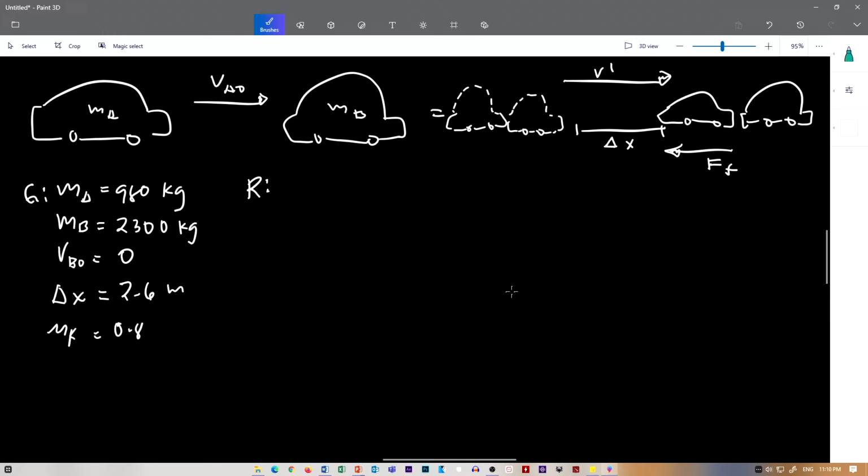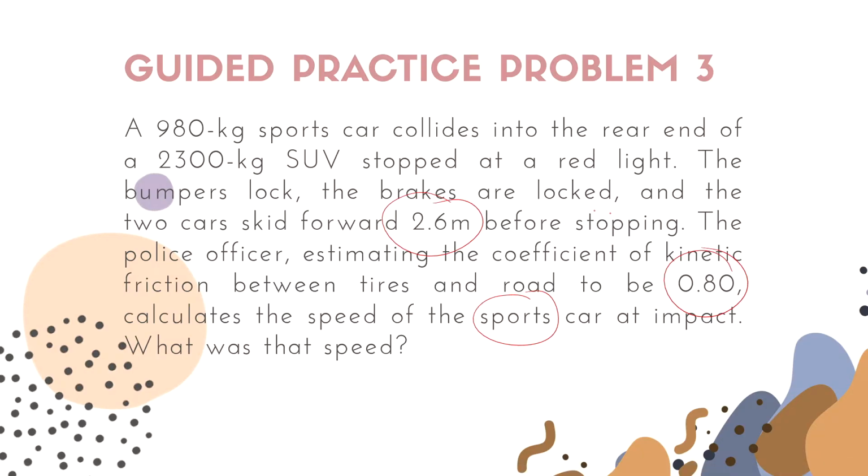So let's place it here, v sub a sub 0. Of course, we're going to assume constant acceleration for this one, but firstly let's explore the equations. First, we have a perfectly inelastic collision, right? Because they will be sticking together.